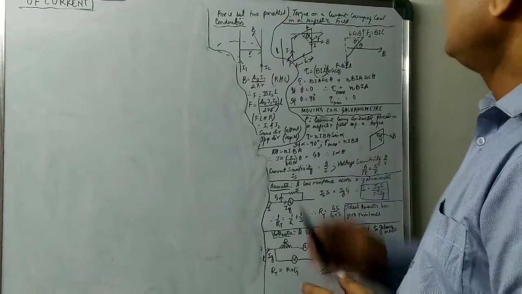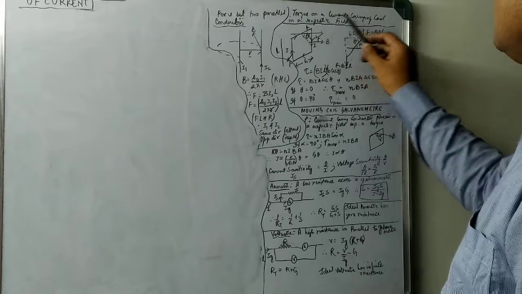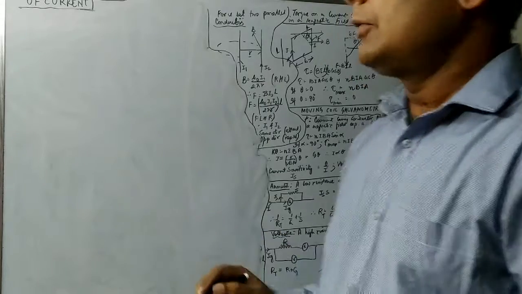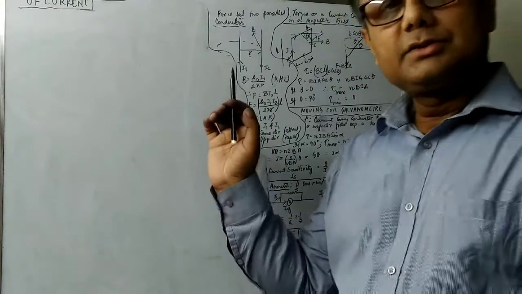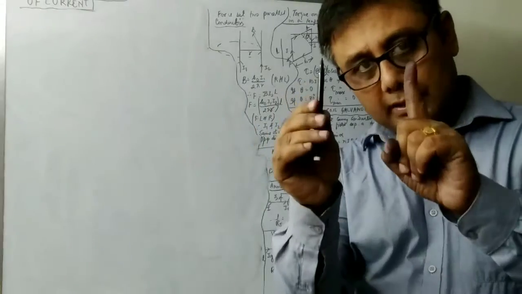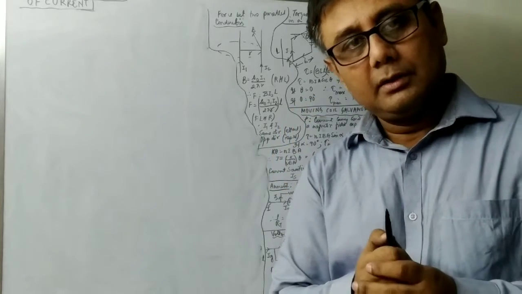Next, we are dealing with torque acting on a current carrying conductor in a magnetic field. Now, we just studied two wires kept in a magnetic field.